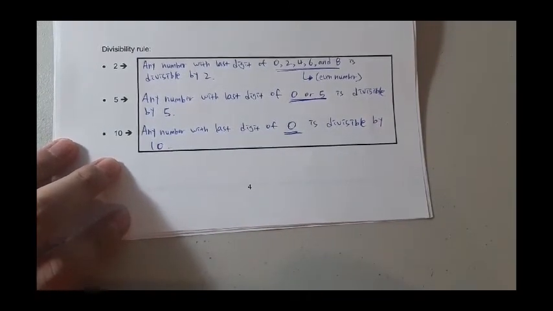So anything that ends with 10, 20, 30, 40, 50, 60, all the way to 90s, those are the ones that are divisible by 10. Or you can think of any multiple of 10. It has to end with 0.